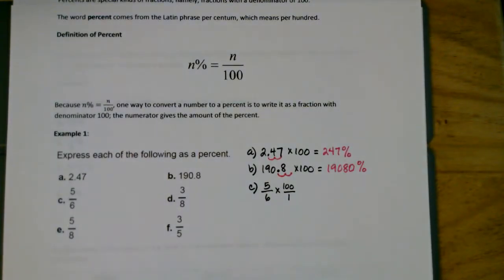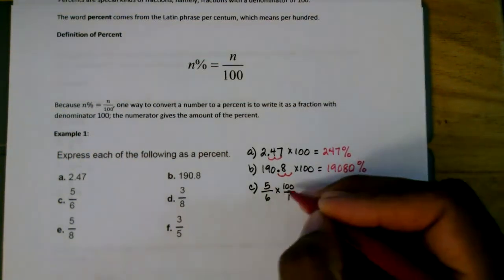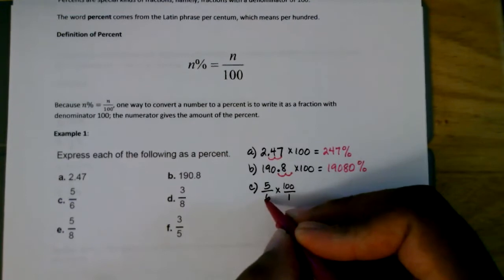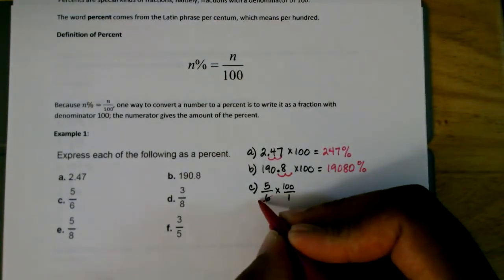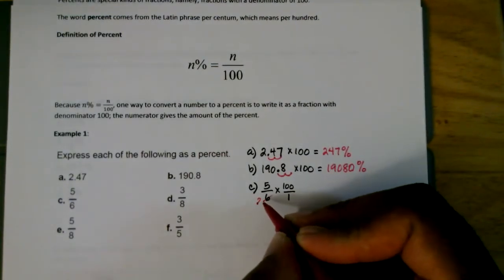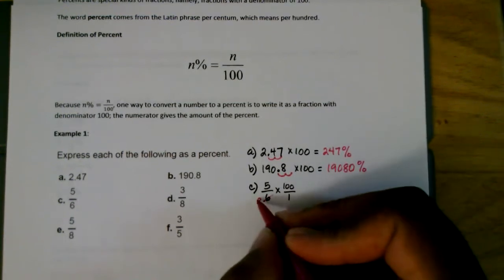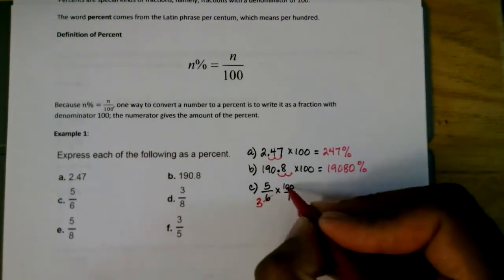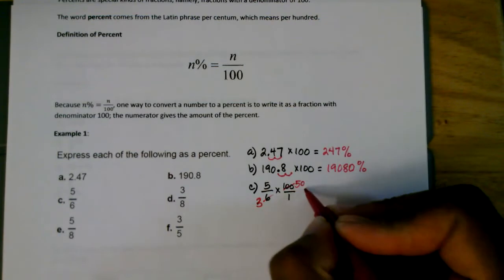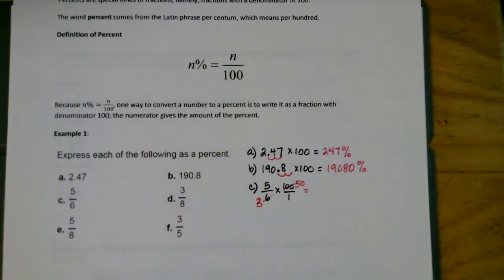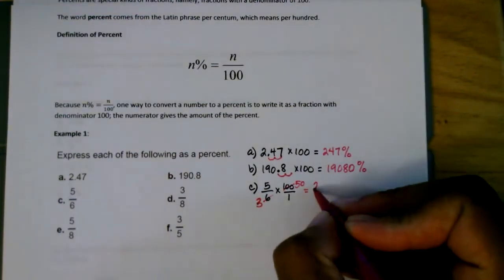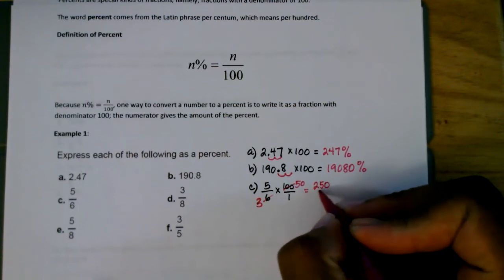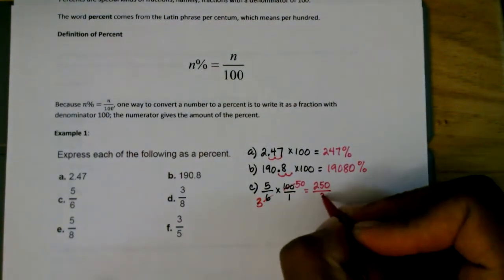So 5/6 times 100 over 1, I know that 6 and 100 have a common factor of 2. So if I divide 2 into 6, that goes 3 times. And then 2 into 100 goes 50 times. So here, 5 times 50 will be 250. And 3 times 1 will be 3.